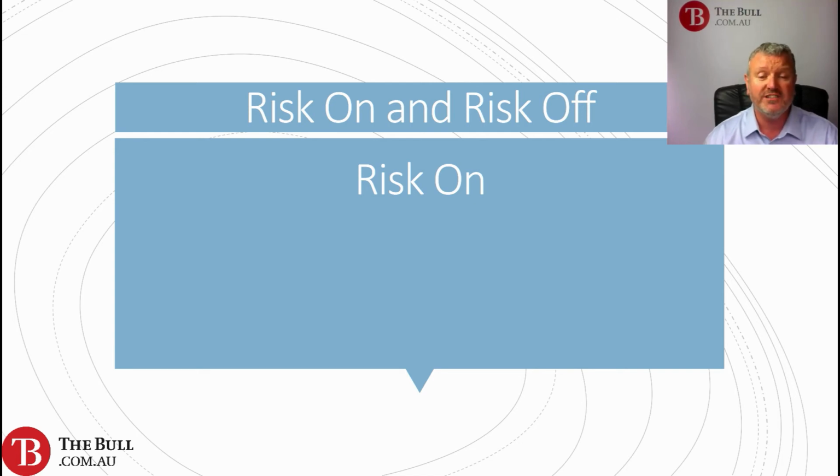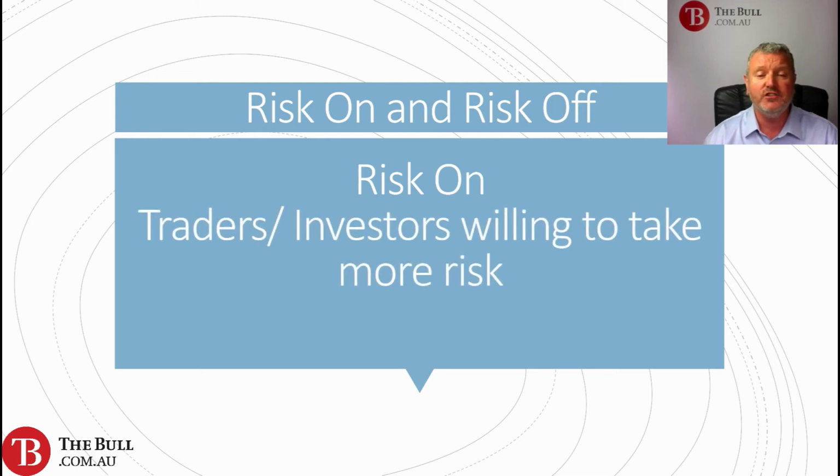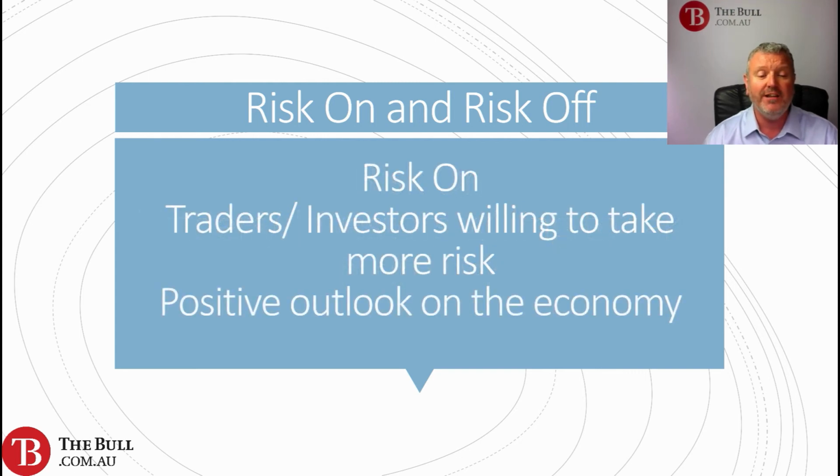A risk on scenario usually means traders or investors are willing to take more risk in the market, and that generally means there's a more positive outlook for either the domestic economy, or for the global economy if it's looking at the bigger macroeconomic picture, or maybe for an individual stock. A risk on scenario means traders and investors are willing to take more risk, entering more risky assets.